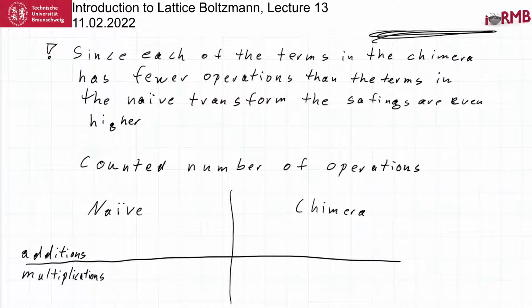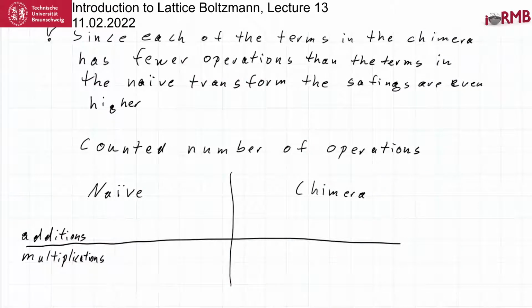So the result is the following. For the naive transformation, we get 1,482 additions. So you see, this is not completely trivial. This is in every time step, at every grid node for one transformation. And remember, we have to do two, the forward and backward transform. In the naive way we have 1,482 additions just in the transformation; in the Chimera way, we have only 270.